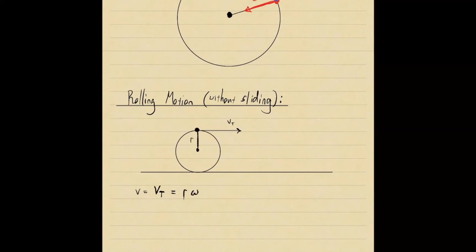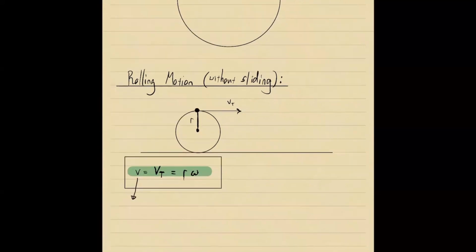So it kind of makes sense that the faster this wheel spins, the faster it moves to the right. Right, so this thing here is our linear velocity that we're all accustomed to.